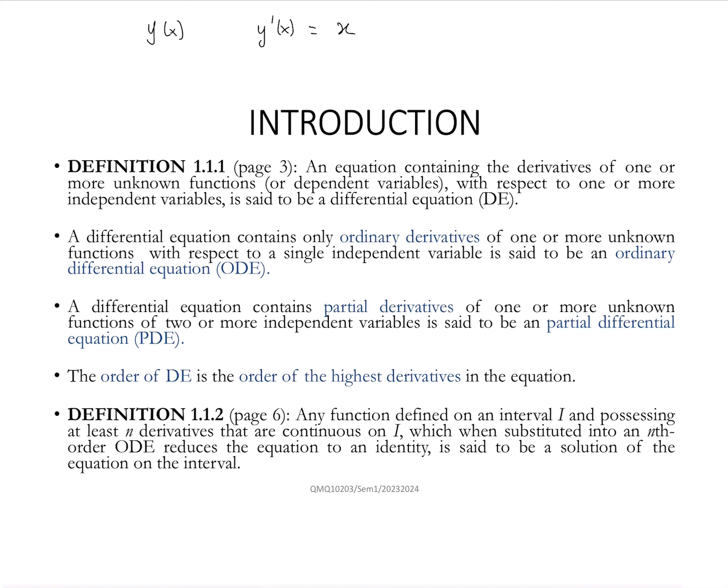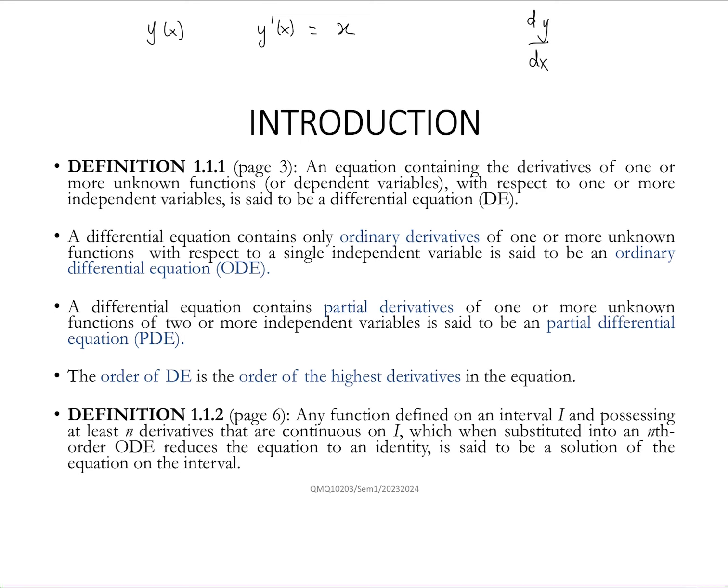or more independent variable. For example, if we have a dependent variable y and independent variable x, hence the derivative is dy over dx. So when we set an equation, that means this derivative of y with respect to x is in the equation.